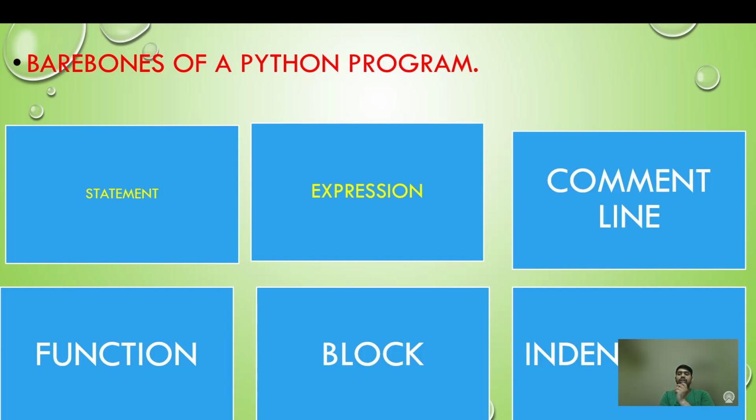Then indentation: structurizing the particular program in a proper way. That means proper space management, proper structurization, is called indentation. Whenever we write any kind of block, the next line should start by leaving 4 spaces. So this is what indentation is.